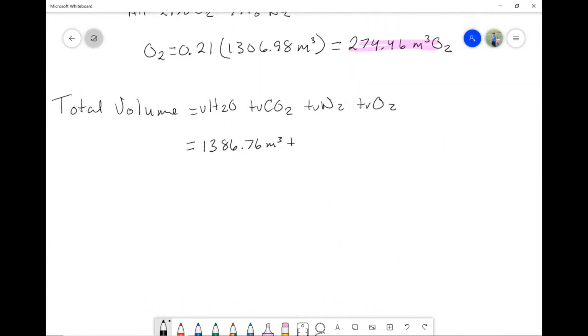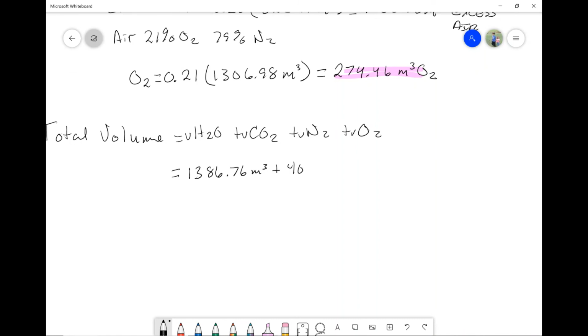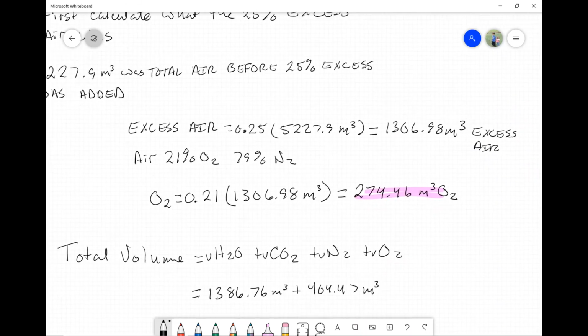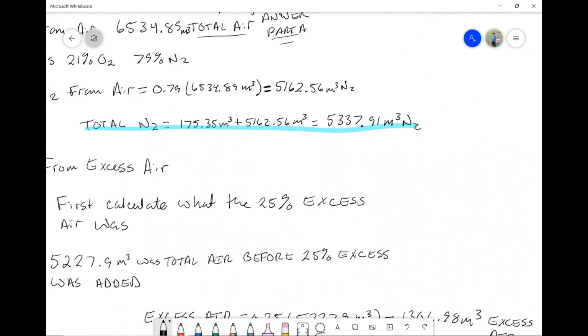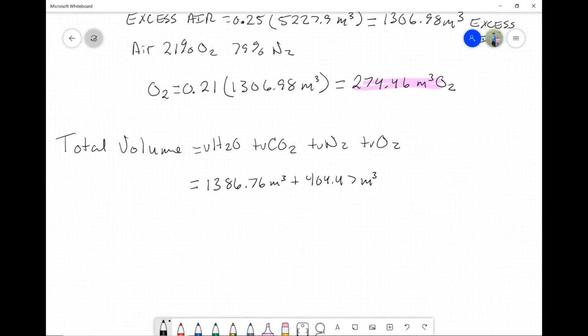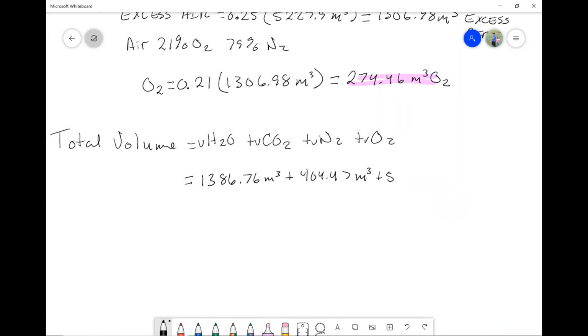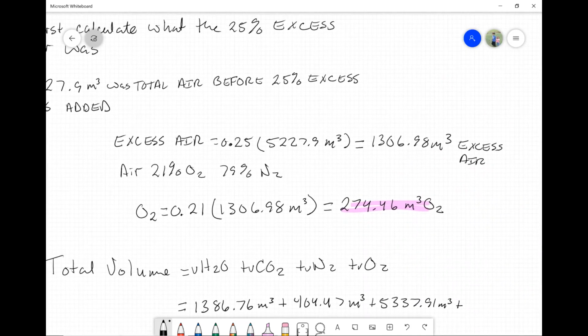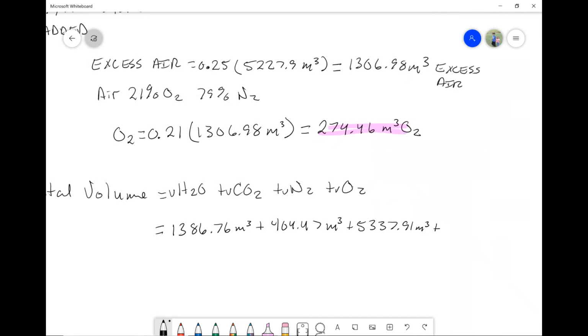N2, color coding helps. Total N2 was 5337.91. And then O2 is right in front of us, so 274.46. And we've done it in order, and that'll make part C much simpler.